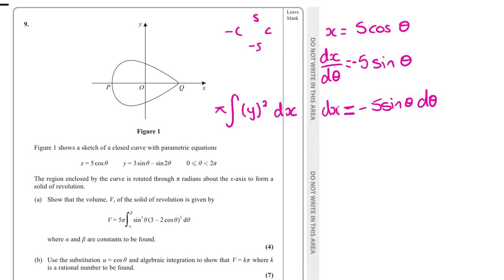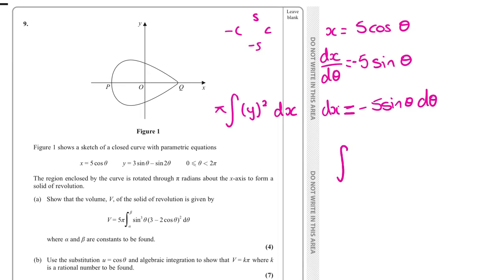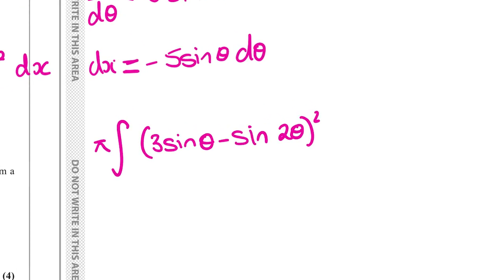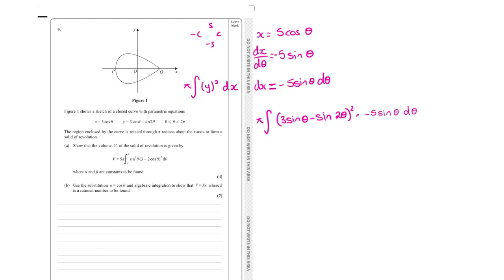Okay, so now when I do my integral, I'm going to have the integral of pi of y squared. So y squared is 3 sine theta minus sine 2 theta squared. And then instead of writing dx, we're going to multiply by minus 5 sine theta d theta. Okay, so now we've got to expand, simplify.